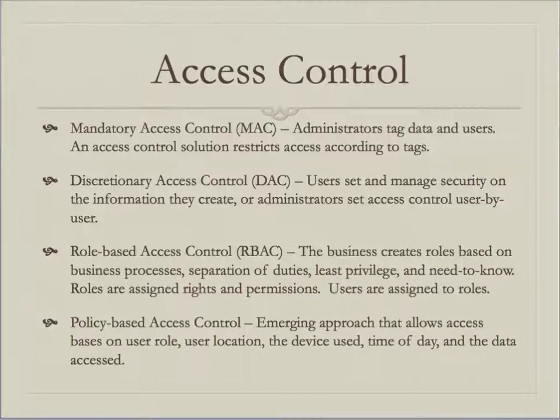So if I have a new hire, the new hire information will be supplied to the RBAC system via a feed, and that's usually from the HR system to the RBAC solution. And then the RBAC solution goes out and creates accounts and sets the appropriate access for all the applications and other resources that the user should have access to based on his or her role in the organization.